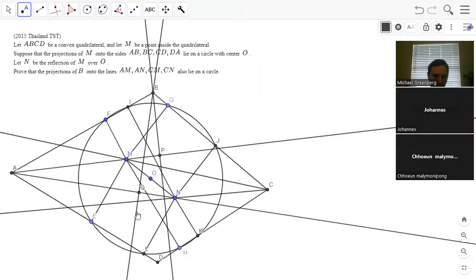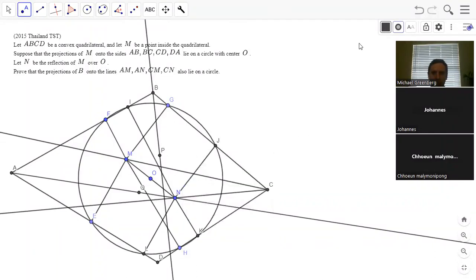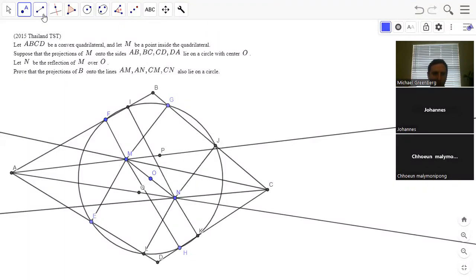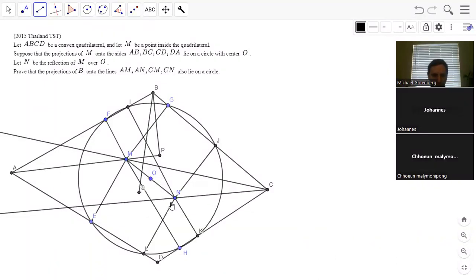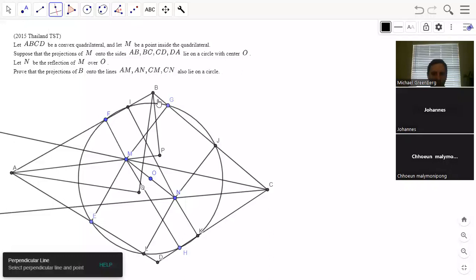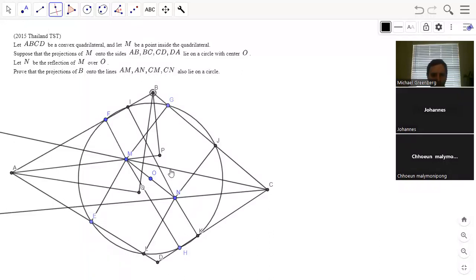PQ. Oops. All right. And I'm going to want to draw R and S. So CM and CN.